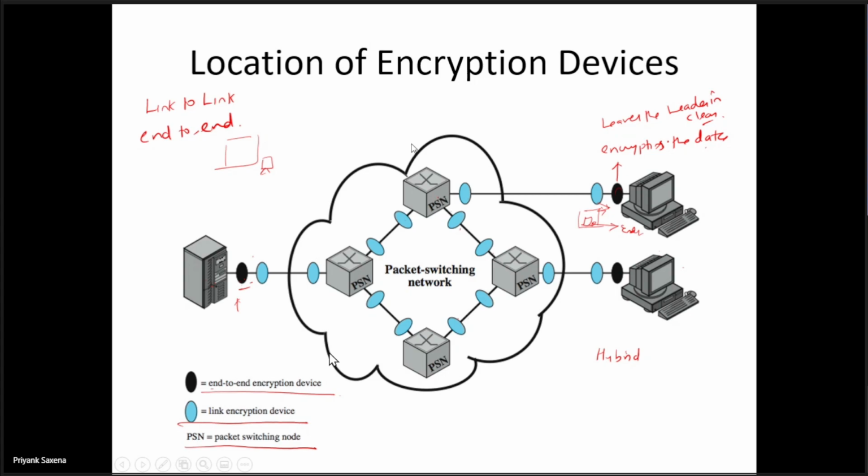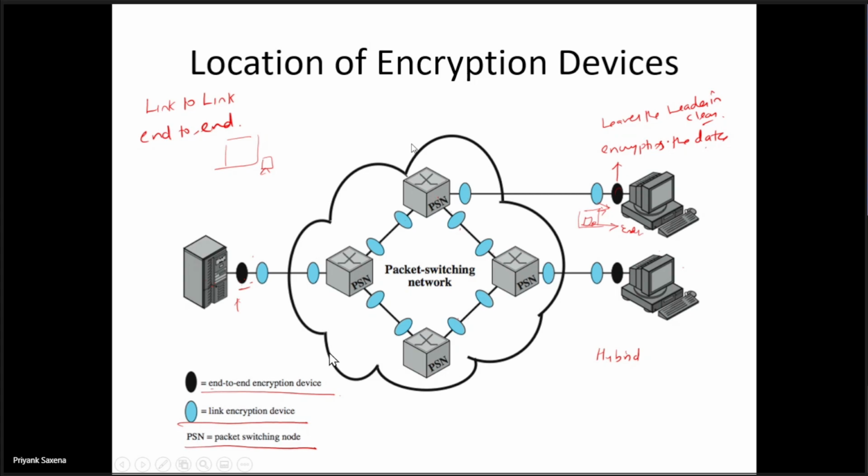So what are the possibilities of key distribution? There are 4 possibilities. Key selected by A and delivered to B. A will select the key and will go and deliver it to B, right?